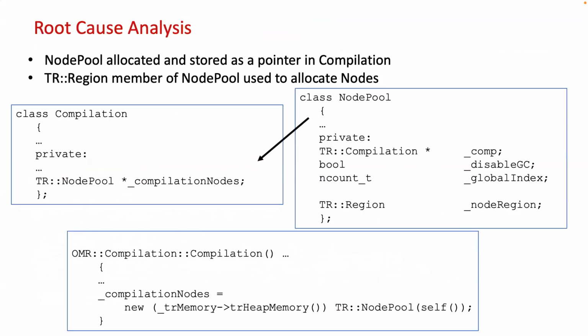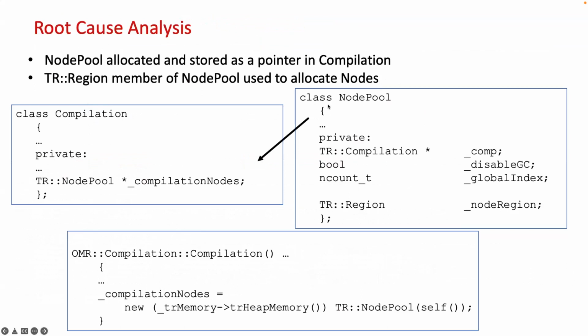Okay, so the node pool exists, and this is as the code exists in OMR. The node pool is being allocated and stored as a pointer in the compilation. So we have an instance of the compilation that's created, and eventually, it will go out of scope and have its destructor called.